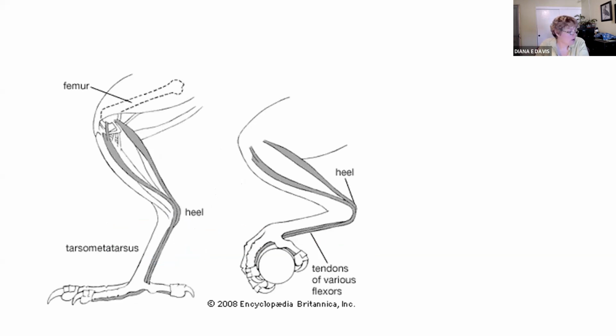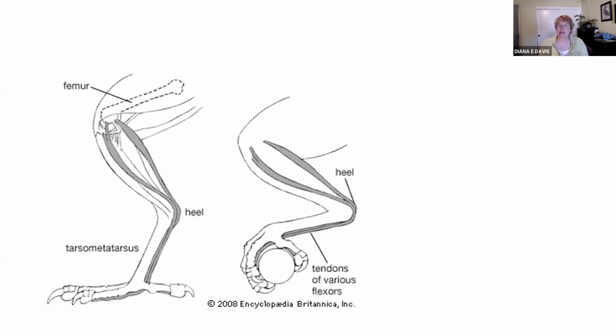Now, when birds sleep, they're usually perched. And if you've ever thought about that, do you want to sleep on your feet? You have to constantly use muscles to stay on your feet.